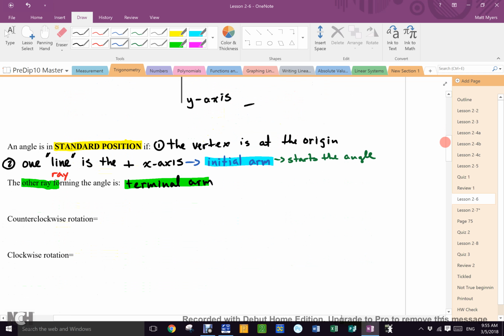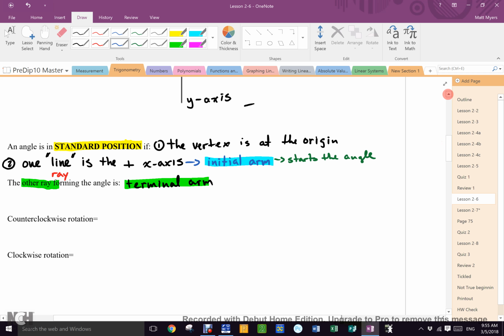I could go counterclockwise, or how else can I get there? I could go clockwise. Everybody with me? Now, because there's two directions I can go, there's two things we have to think about. In all of math, how many directions are there? 4. That's real life. 2. What are the two directions in math? Up and down. No. Positive and negative. So one of those must be positive, one of those must be negative, yes?